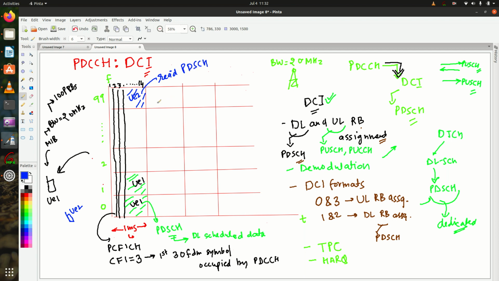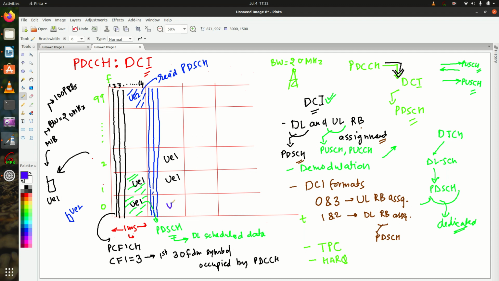In the next TTI, as I told you, in each and every subframe your PDCCH will be present. So again the UE will read the PDCCH and the eNodeB will assign. This time it might be possible that this resource block is allocated to UE1 and this resource block is allocated to UE2.